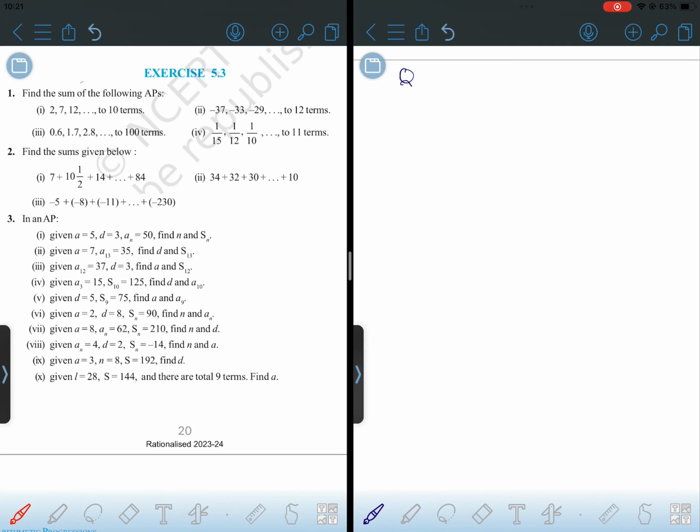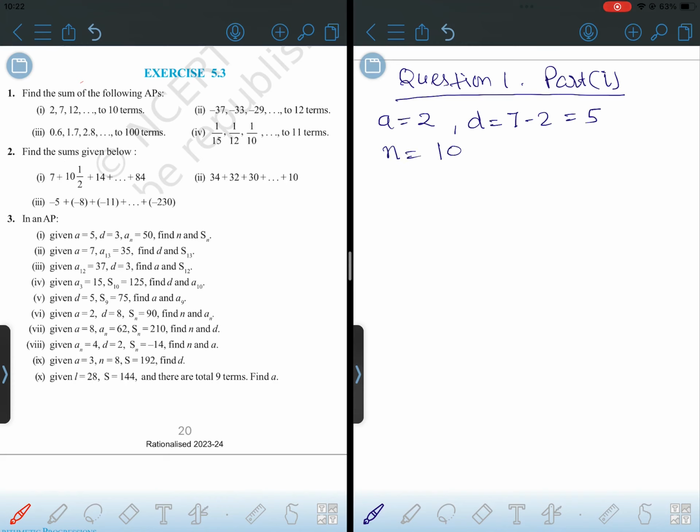Question 1, part I. In this question, we can see that the first term of the AP is 2, that is a is equal to 2, and the common difference d is equal to 7 minus 2, which is 5, and the number of terms is given as n equal to 10.